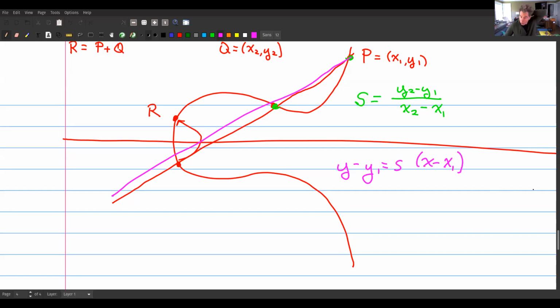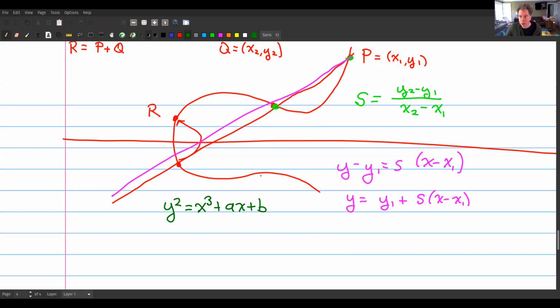Okay, so that's the equation for the line. And then if we wanted to find the intersection of that line and the elliptic curve, we would solve for y here. So y is equal to y1 plus s times x minus x1. And then the elliptic curve is given by the equation y squared equals x cubed plus ax plus b.